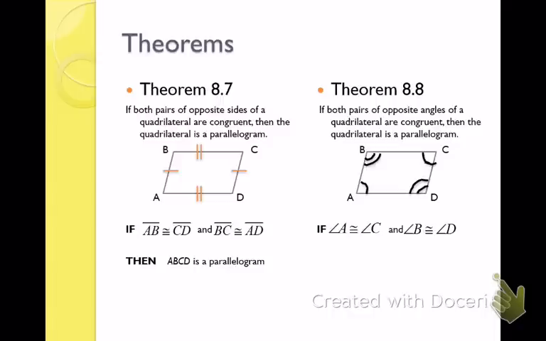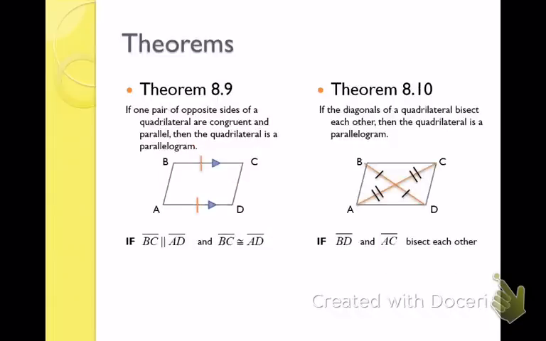So we've got to know both pairs. Same thing with the opposite angles. We've got to know that both pairs of opposite angles are congruent, because there are some quadrilaterals that have one pair of opposite angles that are congruent and are not parallelograms. So it's got to be both. But if we know that characteristic, then we know it's a p-gram. We can prove that it's a parallelogram.